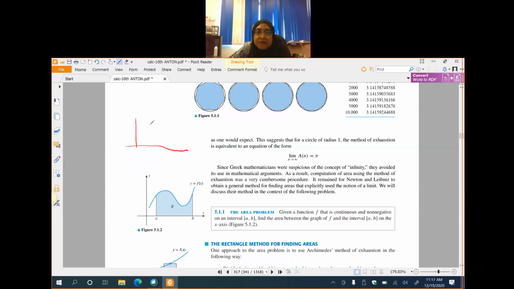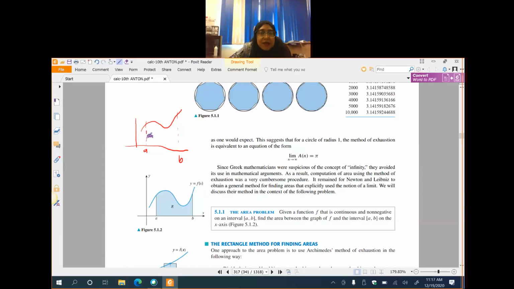You can have any function y equal to f of x, and then let's say it is restricted from a up to b. These values for a and b could be any values.